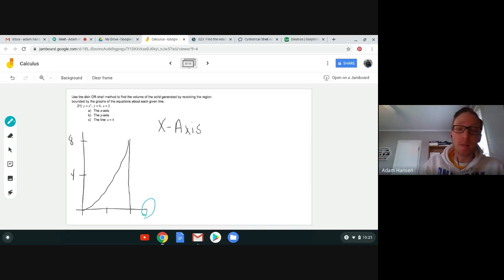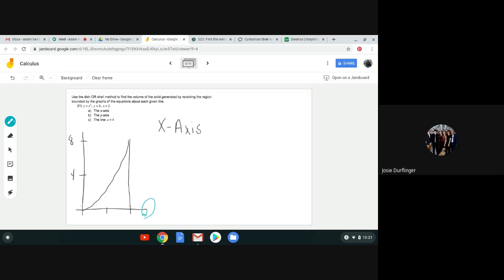Right away, I know it's not going to be washer because there is no gap between the axis of revolution and the region we're rotating. Would you use disk? I would use disk.